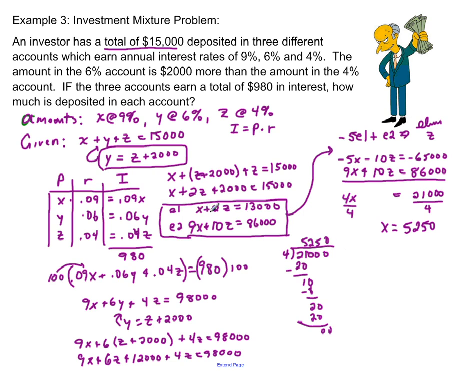Now we can go to our different equations and figure out what else is going on right here. So let's see. We've got x plus 2z equals 13,000. So we're going to take 5,250 plus 2 times whatever z is to get 13,000. So let's carry out the subtraction right here. Subtract 5,250 from both sides.